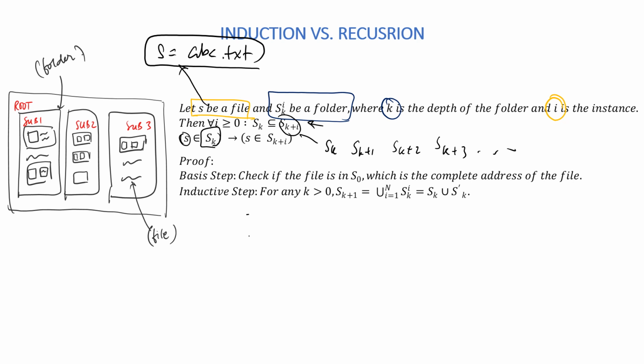So we've got the basis step and we've got the inductive step. The basis step is pretty simple: check whether the file is in the address where it's supposed to be. The inductive step is telling you that any set S of k plus 1 can be expressed as the union of its subsets.